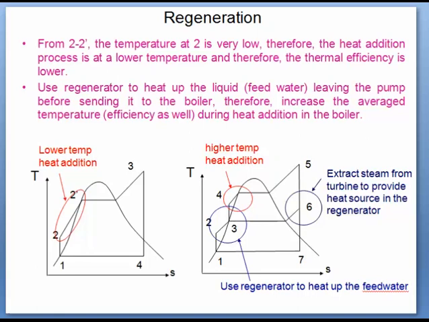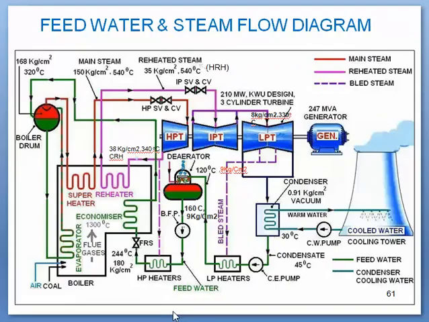The regeneration we discussed just now also leads to a reduction in irreversibility and increases the cycle efficiency. So the modified Rankine cycle is the Rankine cycle which adopts reheating and regeneration processes, and when we adopt both, it improves the cycle efficiency.